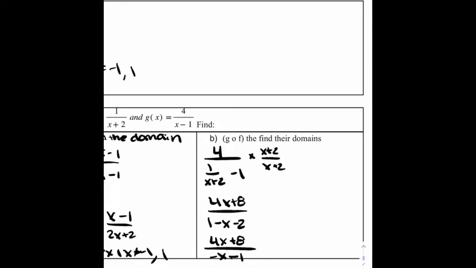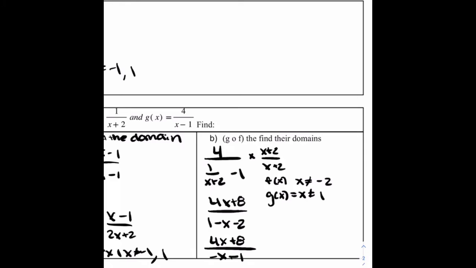So we know that for the f function, the domain of f of x, from above, x cannot equal negative 2. And we know g of x cannot equal 1. So I'm plugging in the output of f of x into g of x, so it cannot equal 1.